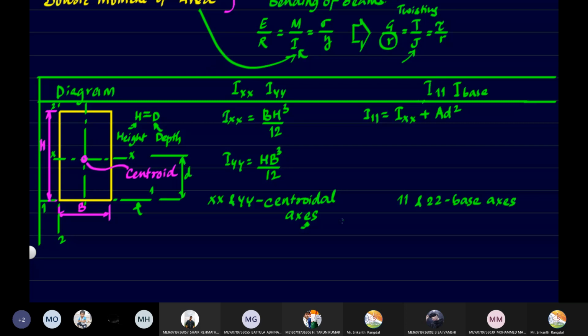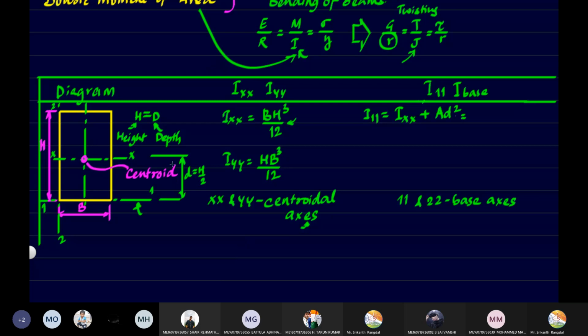So now if you apply this here, Ixx is this one, and what is the value of d here? D is h by 2.